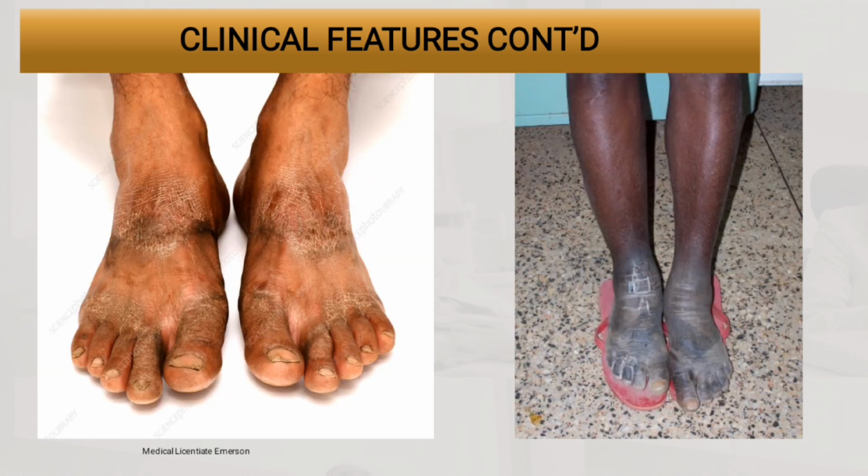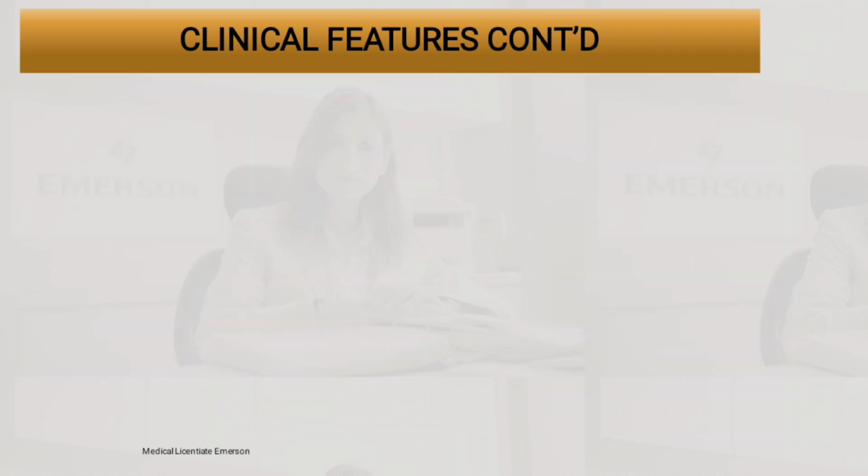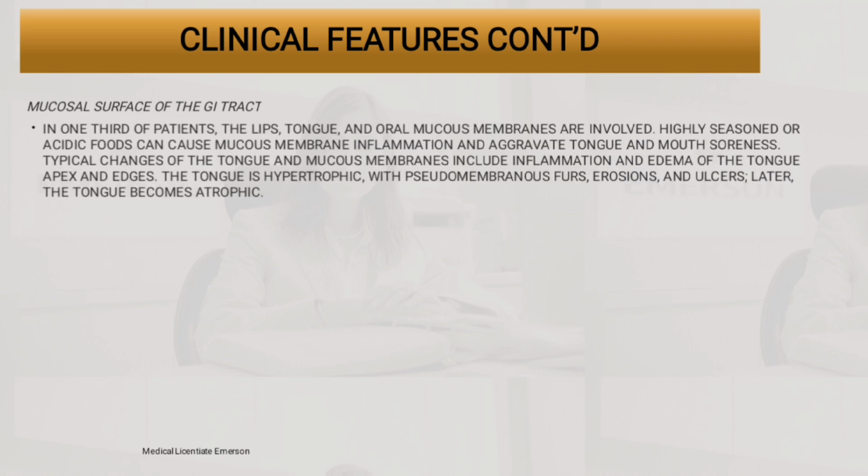So these are the lesions on the feet, as you can see, and also some nail changes. Okay, that's pellagra. Then on the mucosal surface of the GI tract, you have to know that in one third of the patients, the lips, the tongue, and the mucous membranes are involved.